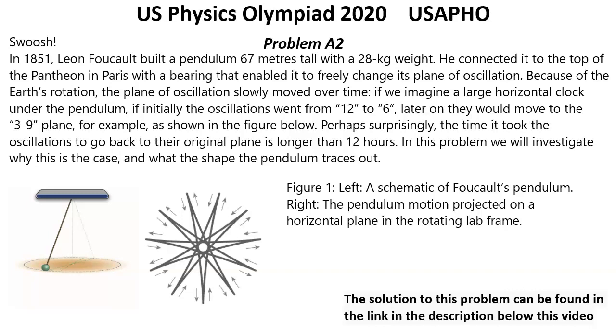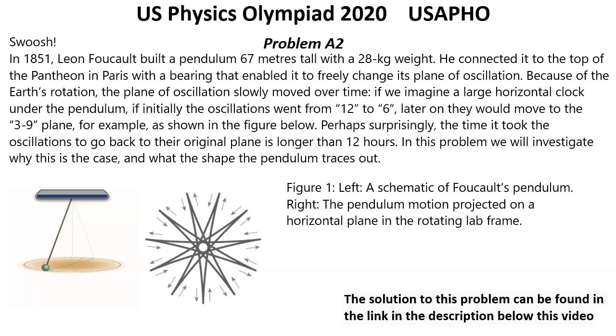He connected it to the top of the Pantheon in Paris with a bearing that enabled it to freely change its plane of oscillation. Because of the Earth's rotation, the plane of oscillation smoothly moved over time.